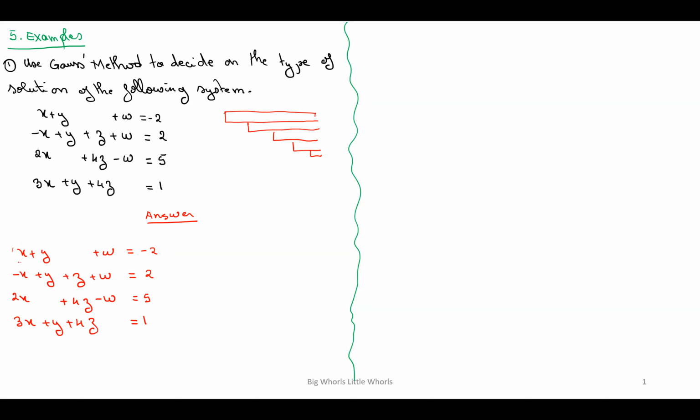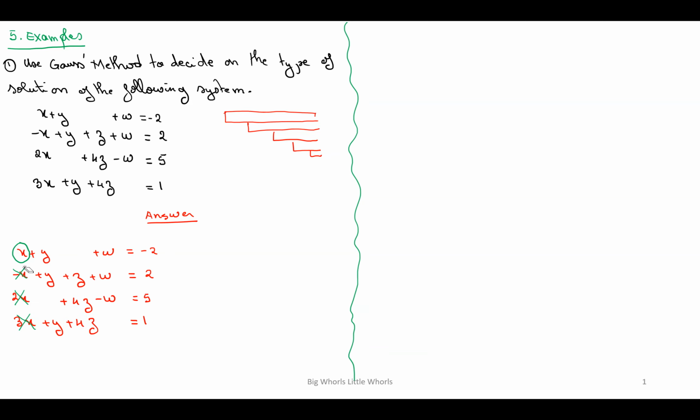Now I'm going to use that term in x to eliminate the terms in that same variable in the rows below the first row. So how are we going to eliminate them?